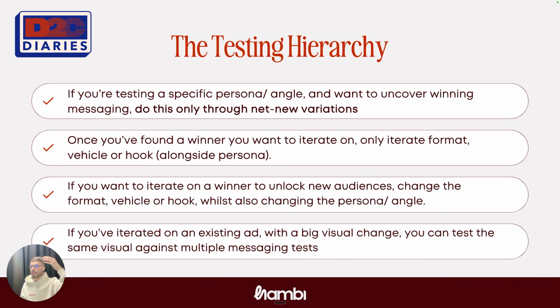Let's say it's an eyelash serum, because we've got this example later. If we wanted to then test that against an older demographic, the visual change we might make to not only change the persona, but also the visual, is put an older woman's eyelashes behind the screen versus the younger woman. And by doing that, we're changing the first 3 seconds, and we are resonating with a different type of persona, which is an older woman, as an example in this case.